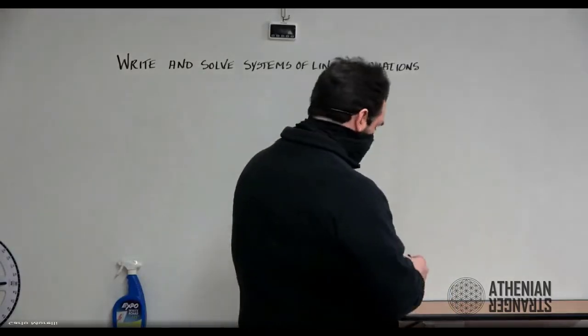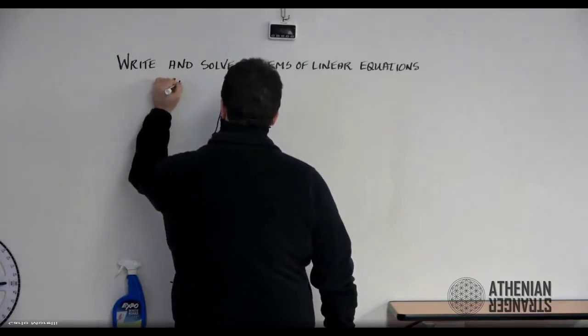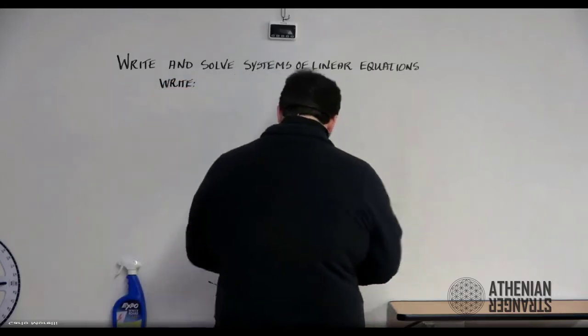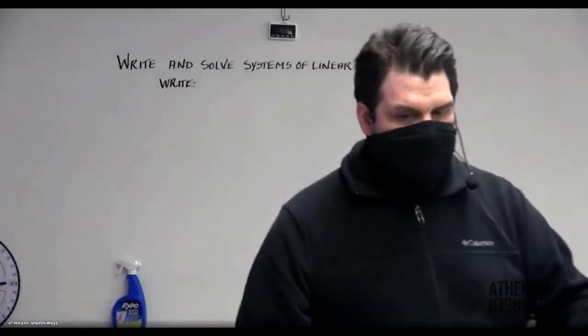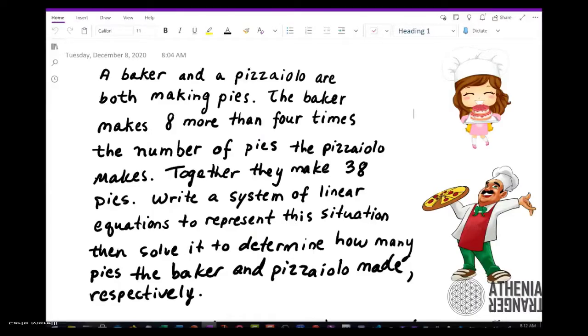First, we're going to do the writing part. So let me show my example that we're going to use to construct our first system. A baker and a pizzaiolo, remember that just means a pizza maker, are both making pies.